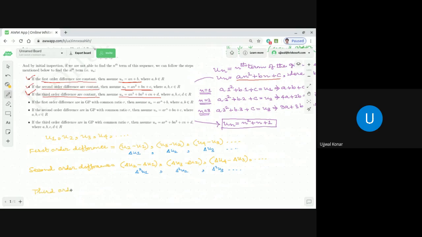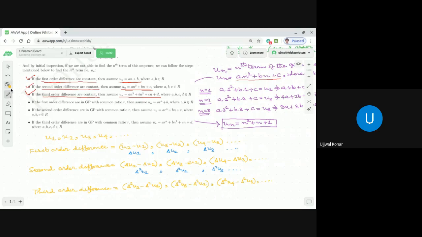The third order difference, dear students, is delta square u2 minus delta square u1, then delta square u3 minus delta square u2, then delta square u4 minus delta square u3, and so on.